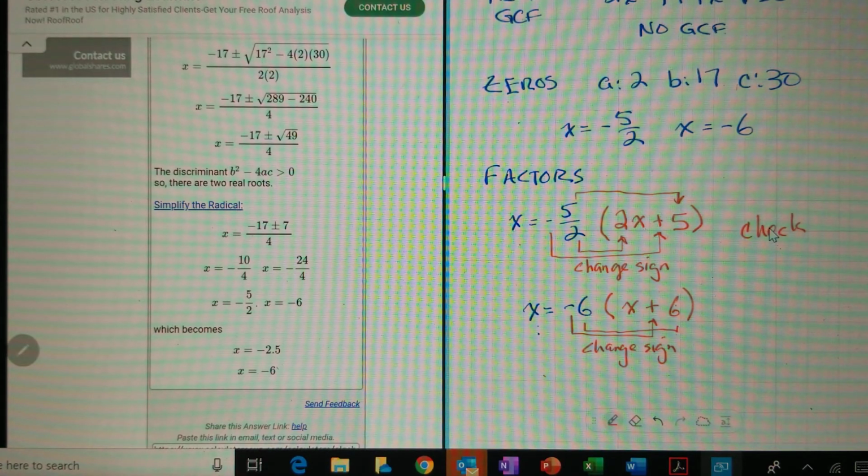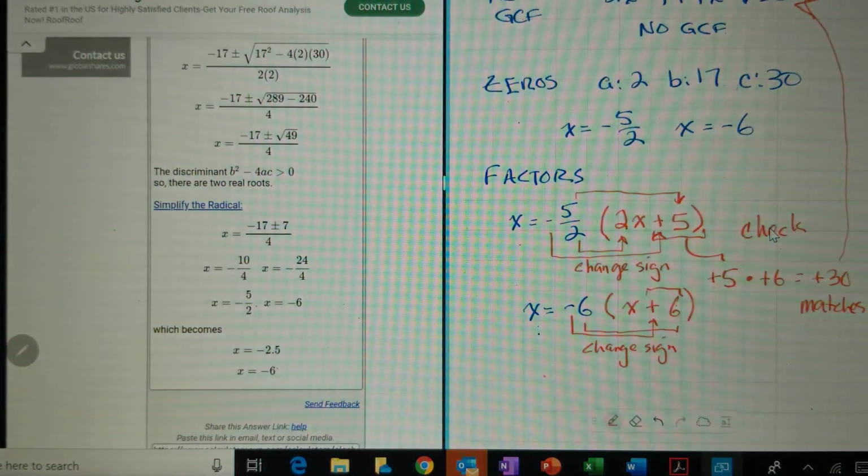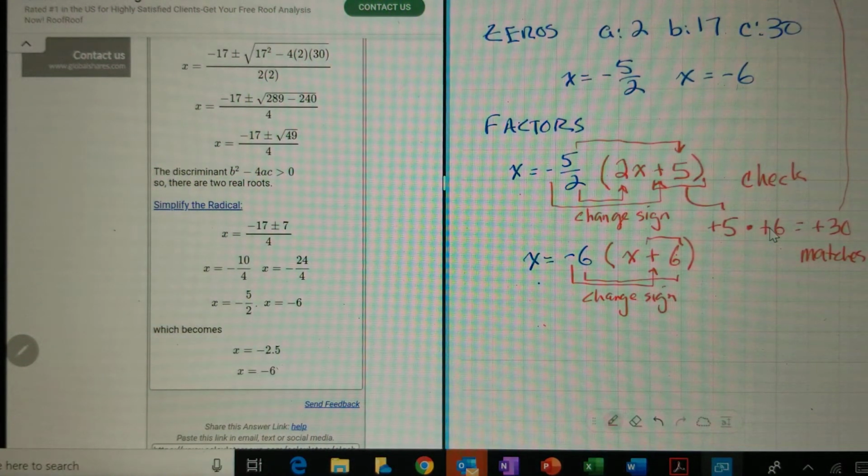We take positive 5 times positive 6, and that's going to equal positive 30, and that matches. So we have the right answer. Our answer is 2x plus 5 and x plus 6.